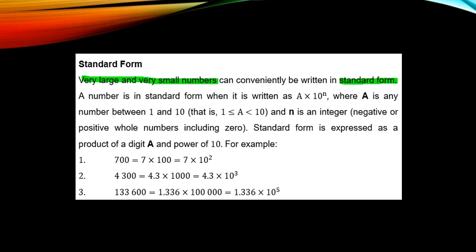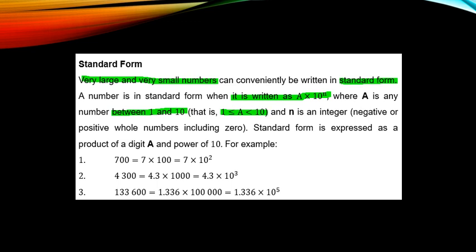A number is said to be in standard form when it is written as a times 10 to the power of n, where a is any number between 1 and 10, that is 1 less than or equal to a, less than 10.